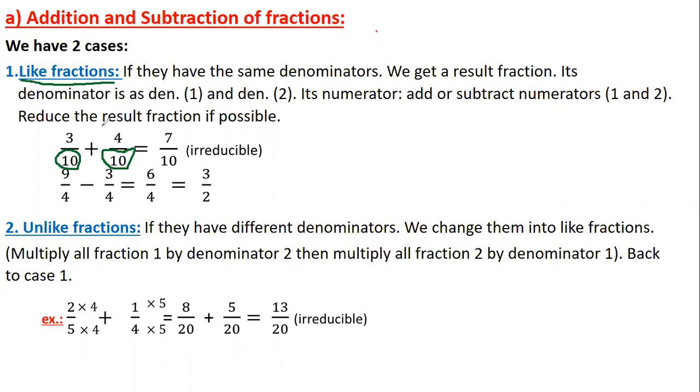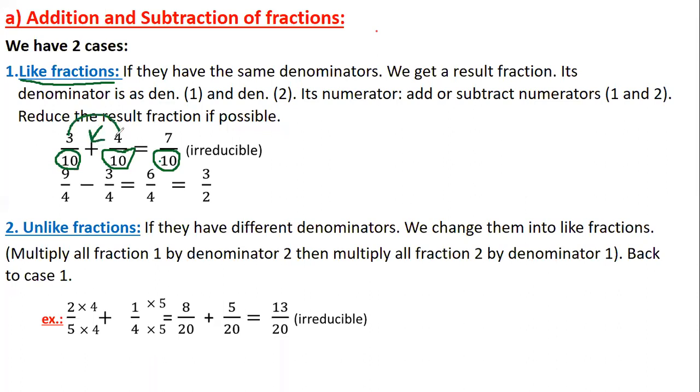When we do addition of like fractions, directly I get the result fraction, or the answer. In the answer, my denominator stays the same, meaning it doesn't change. It was 10 in the first and the second, and it stays 10 in the answer. All we do is add the numerators since we have a plus.